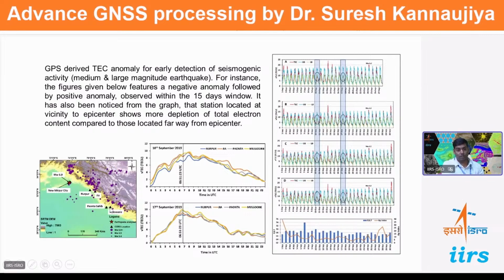And all these four stations are located at different distances from the earthquake, and have different TEC also. We can see that at a particular time they have different TEC values. So this gives information on how the TEC variation takes place with respect to the distance from the upcoming epicenter, and this is the anomaly.